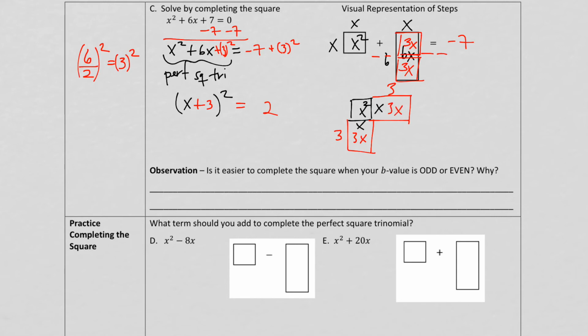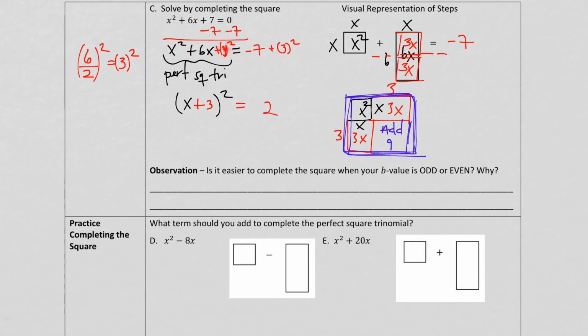If you look at what I have now, if I add this piece here to finish making my whole square, by 3 times 3, this would be 9. So if I add 9 to this expression, I complete my square. What did I add?